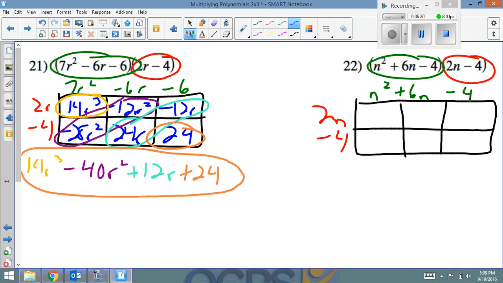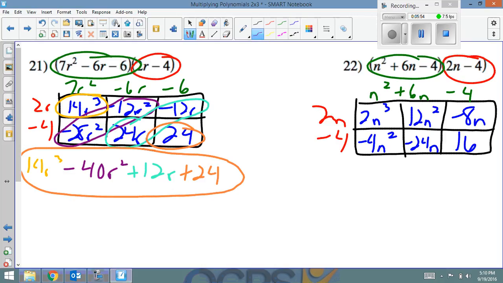Okay, in the first box, it's going to be 2n times n squared. That's 2n to the third. And it's 2n times 6n, which is 12n squared. 2n times negative 4 is negative 8n. Negative 4 times n squared is negative 4n squared. Negative 4 times 6n is negative 24n. And negative 4 times negative 4 is positive 16.